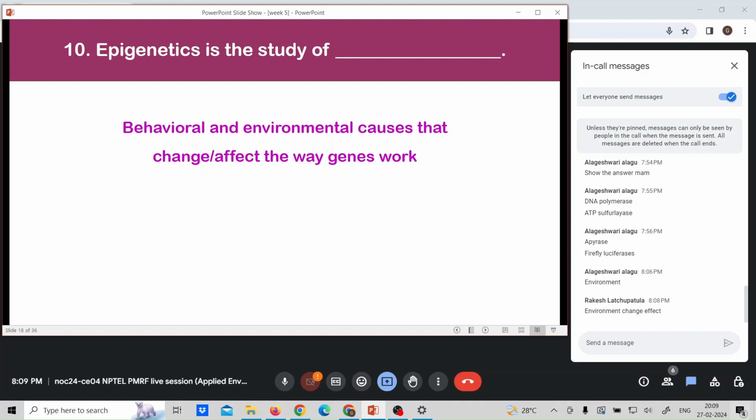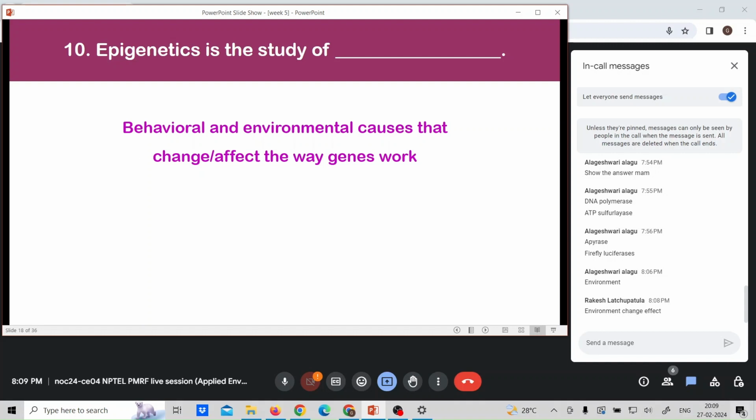We are human beings and we live in different parts of the world. We have different food habits, different cultures, and various diversities. For example, let's take a person A who is constantly in an environment which is highly polluted with some kind of chemical.